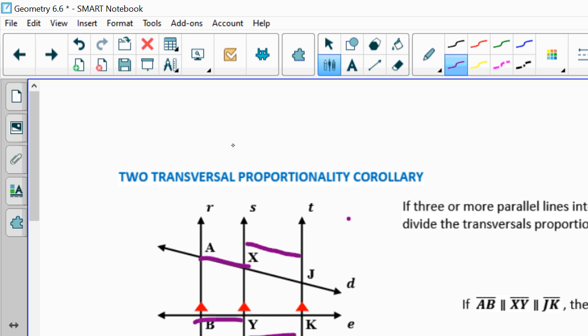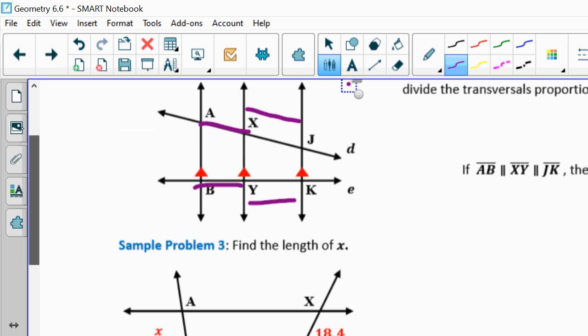Right? All right, so if we want to find the length of X, right? So I've got, and they're going to tell me that these three are parallel. Okay, so if I know that these three lines are parallel, right, I can say that this one is proportional to this one.